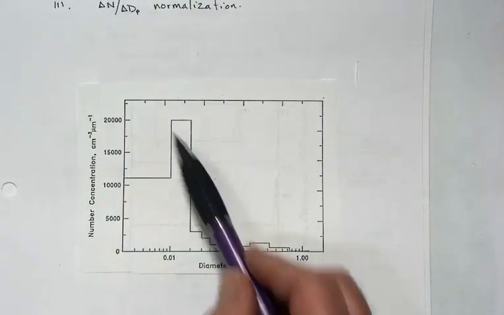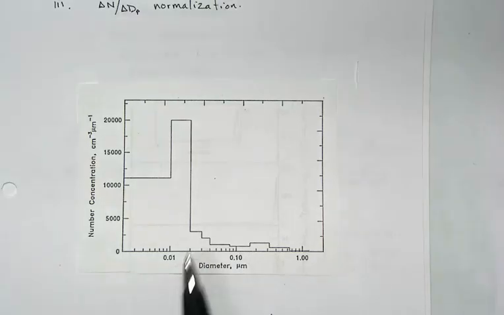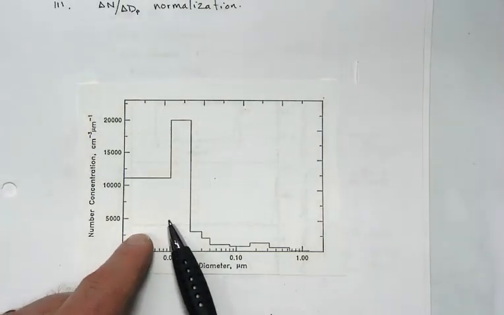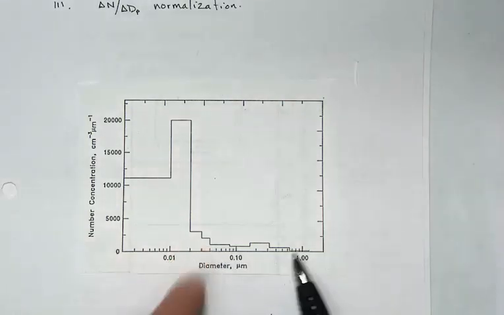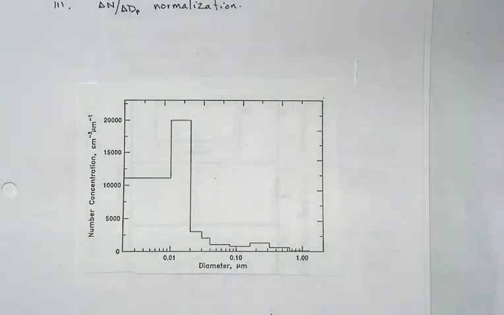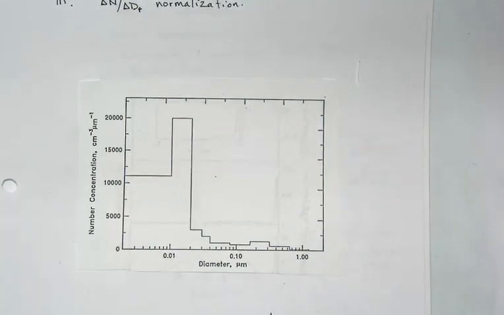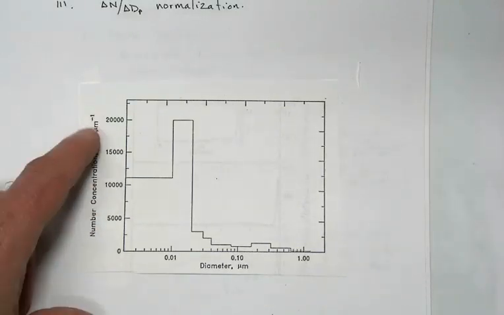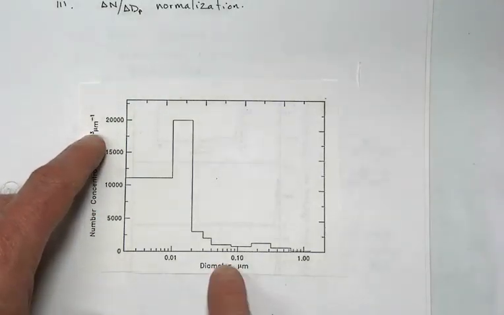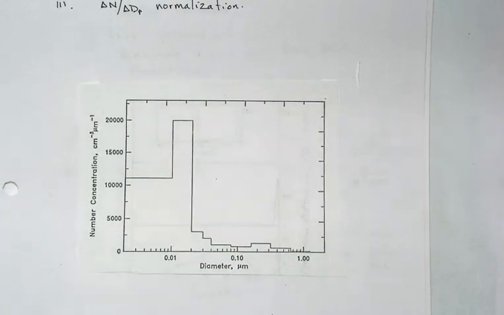Below 20 nanometers, we got a lot of area. So there must be a lot more small particles below 20 nanometers than there are large particles above 20 nanometers. And that's the wrong conclusion, because the normalization isn't the log 10 normalization.